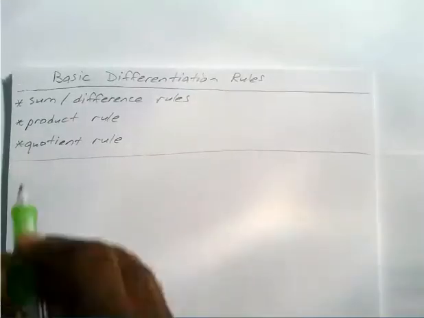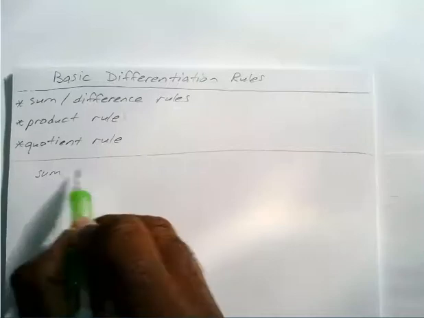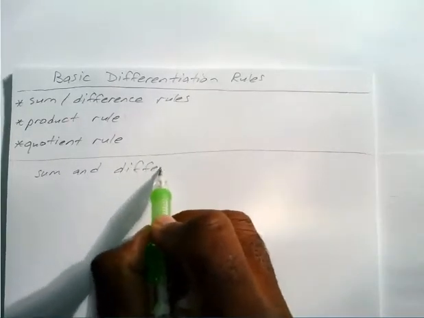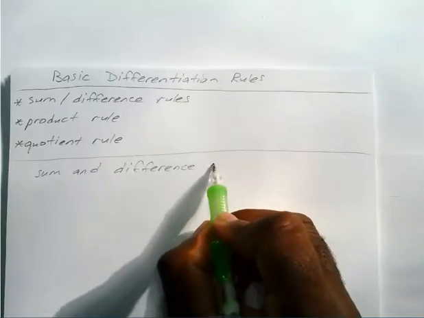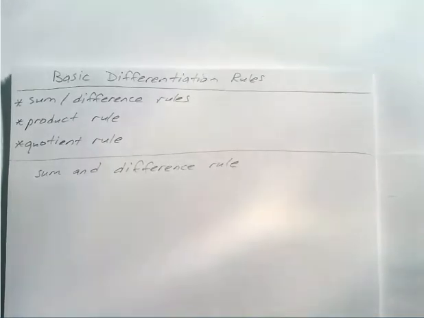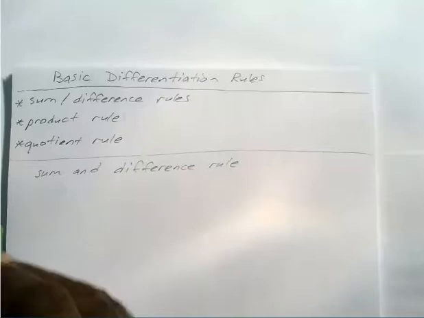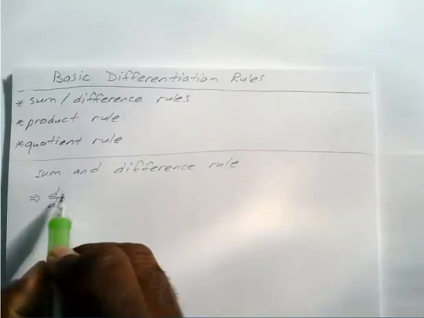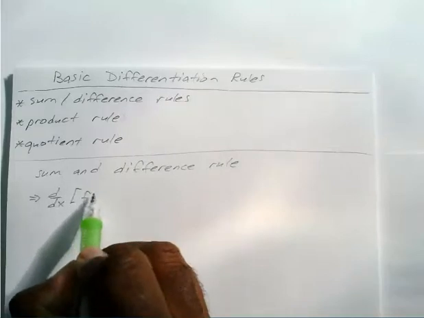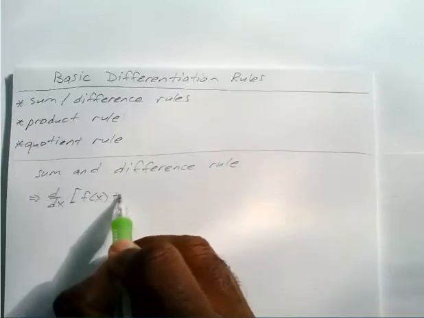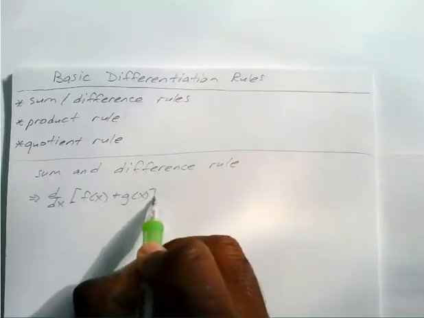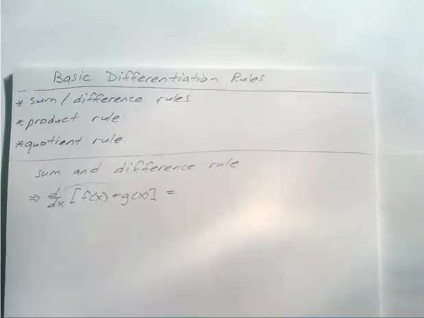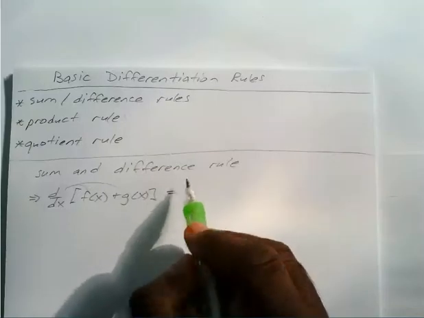So first we're going to check out the sum and difference rule. Okay, and that states that if you have the derivative of f of x plus g of x, that's going to equal, basically you just distribute it to both terms, if you think of it that way.